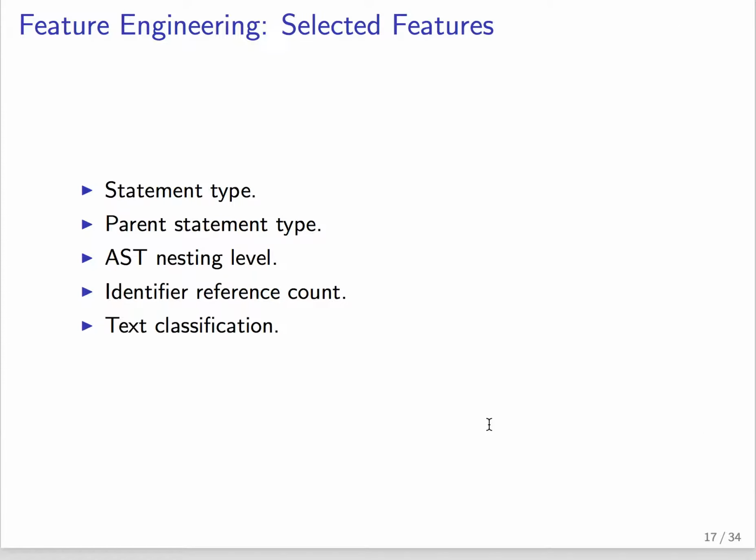So as a result, we choose the statement type, the parent statement type, and nested level in the abstract syntax tree, and identifier reference count as the features from static program analysis. We also consider the text information nested in each statement. More details of the features are included in our paper.